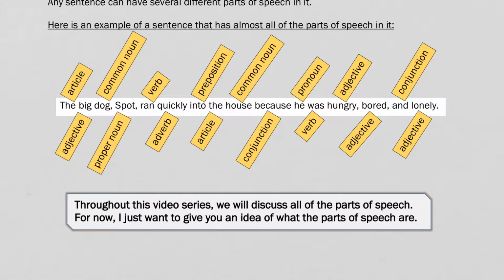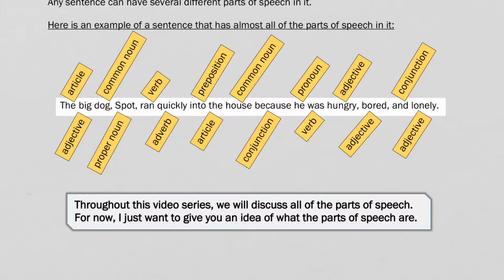The big dog Spot ran quickly into the house, right? So the is another article, right? House is a common noun, just like dog, right? The dog, the house. The big dog Spot ran quickly into the house because he was hungry, bored, and lonely. Remember, we talked in an earlier video about this word because, right? That answers why.